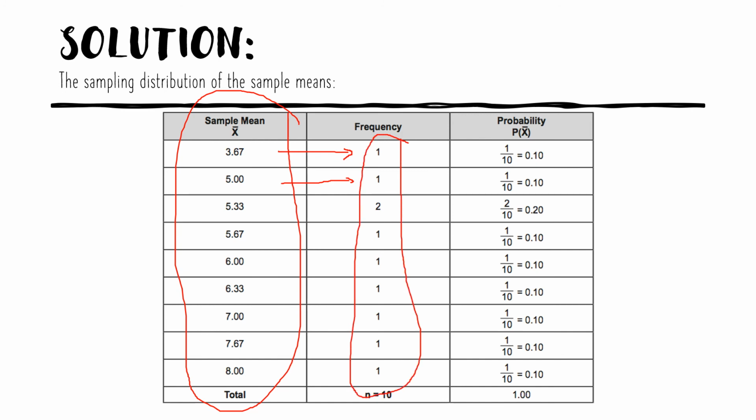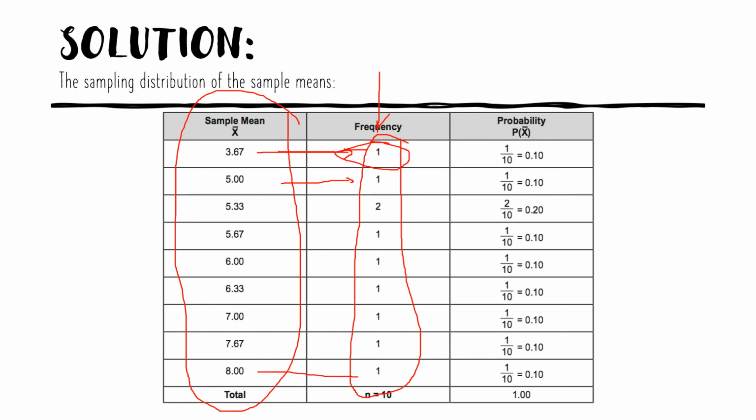Your frequency will represent how many times these sample means reflect as a value of your X bar in your previous slide. Since 3.67 reflected on our table only once, then the value of your frequency that we can assign to this 3.67 is equal to 1. Same scenario with your 8 up to the last value.